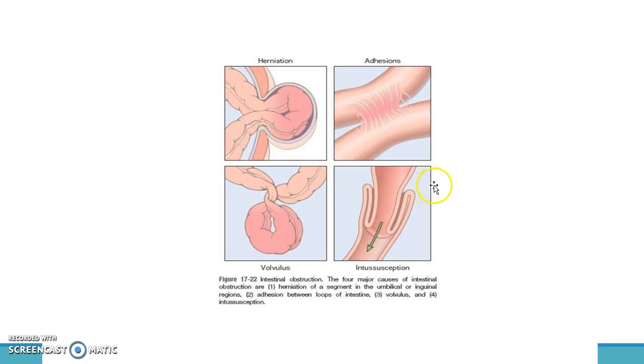And here's a picture of the different hernias and adhesions. The volvulus, which we talked about in the last upper disorders, and then the intussusception, which is a telescoping of the bowel inside each other.